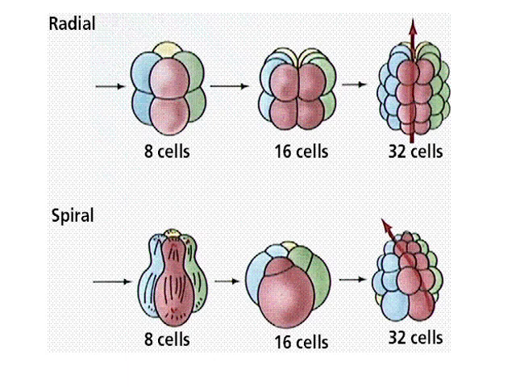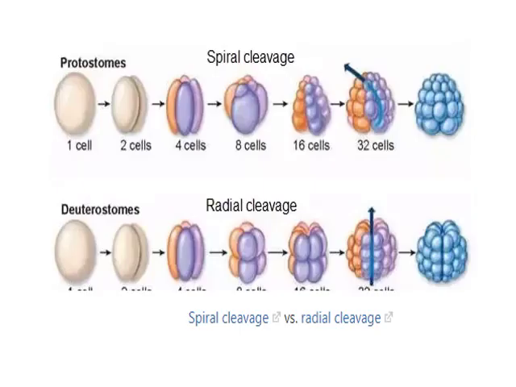But in the case of spiral cleavage, there is some angle. This arrow shows the angle, and in radial cleavage the arrow shows the perpendicular direction. Then here is also a more elaborate picture of spiral cleavage and radial cleavage.